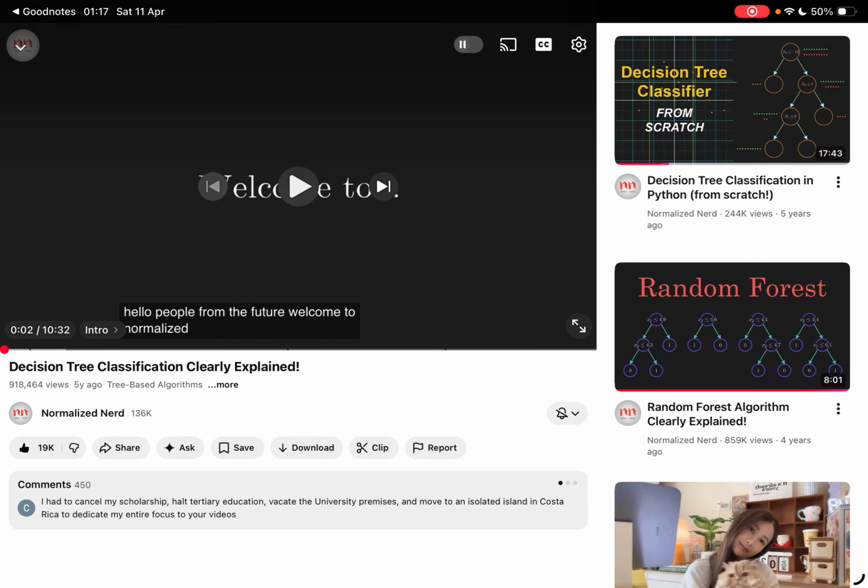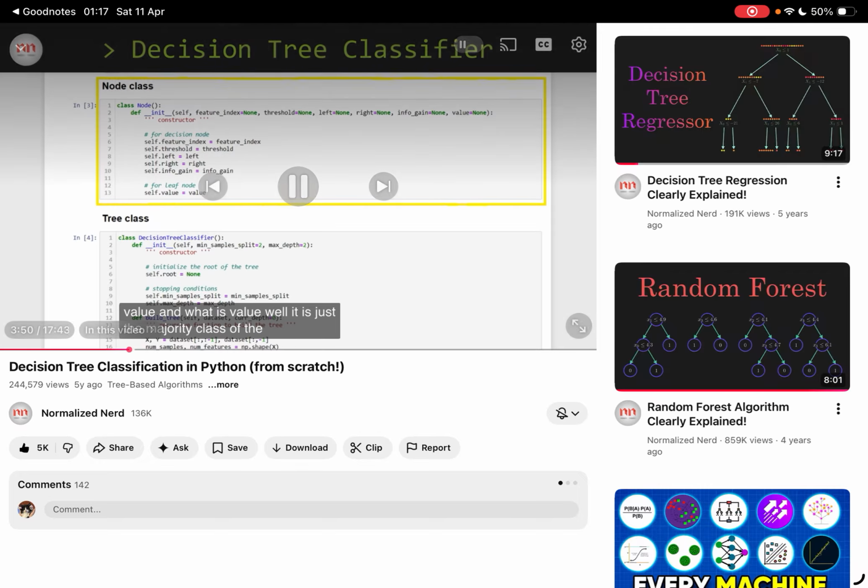And if you are interested in how to implement this algorithm, feel free to watch his video on how he implemented it, and maybe go over the coding to see how this is implemented. You will see how information gain and variance reduction are being used in his code.